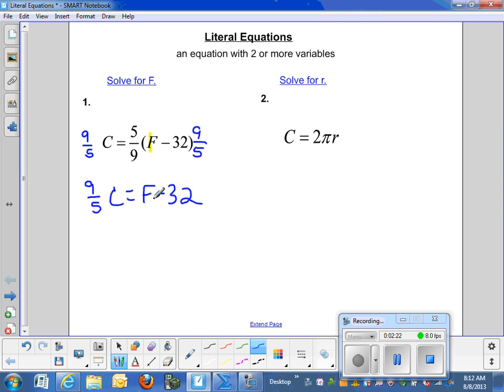Trying to isolate F, I have the 32 subtracted from it, so I just add 32 to both sides.